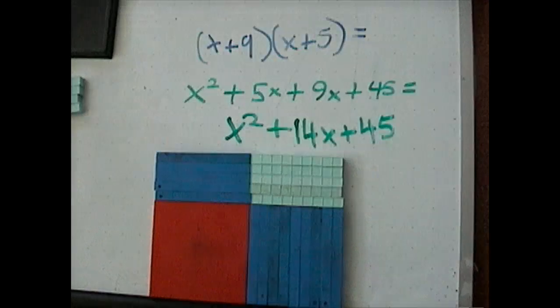And now we change in the base x plus 9 to, and you see, same block, same manipulatives, and we can see there is my x squared. There is my 9x, there's my 5x, there's my 45. Put it all together and you get x squared, 14x, and 45. And the reason why children like to do this, and it's a reward and it's fun, is because it's easier. It really is, because I don't have to do all the combining.